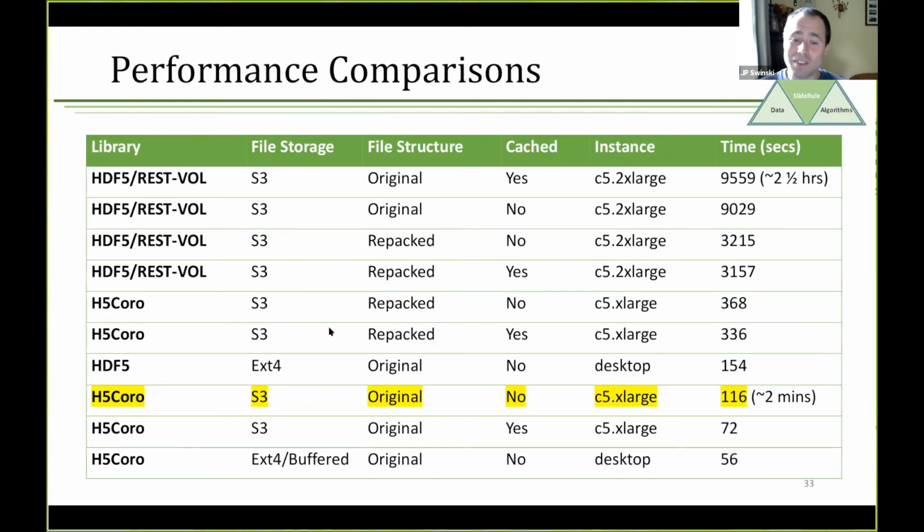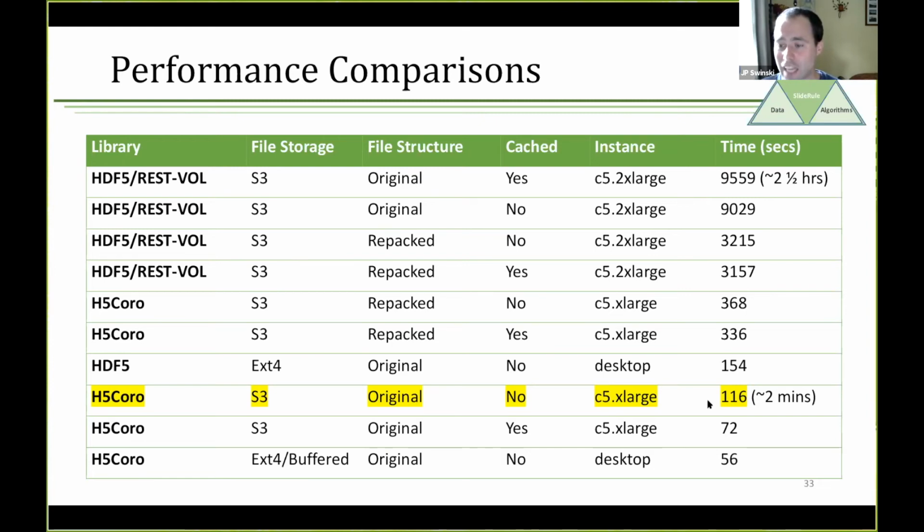But now, because H5Coro has a heuristic for intelligent range gets, we can go back to the original data sets. So we don't have to have a pipeline, and we actually have better performance because we're not overreading at the edges. And so now, using H5Coro reading from S3 with the original files, this line in yellow here, our target, it's reading that data set in just under 2 minutes.